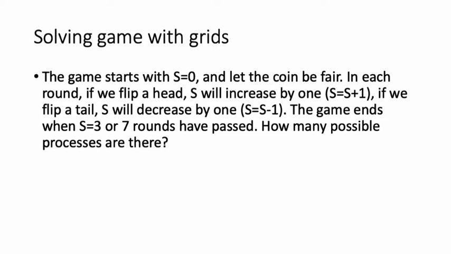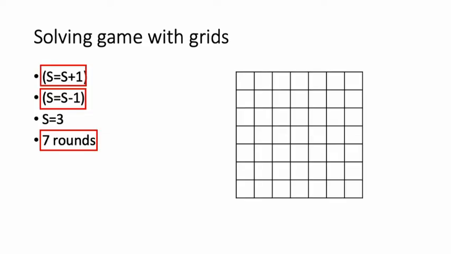So we'll first identify the conditions and the different statements that we've talked about in this scenario. It might be easy to see that if we want to choose one thing as going right or going up, it will be s. If s plus 1, this means that we're going right.